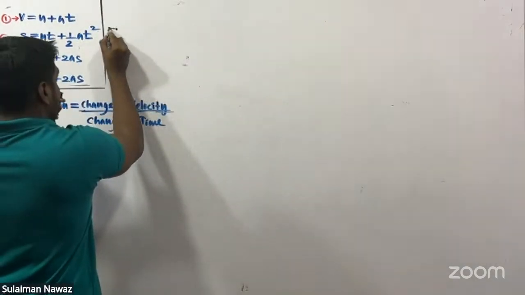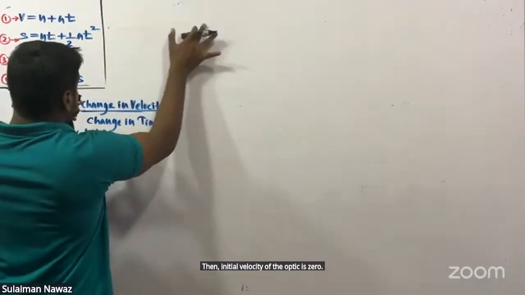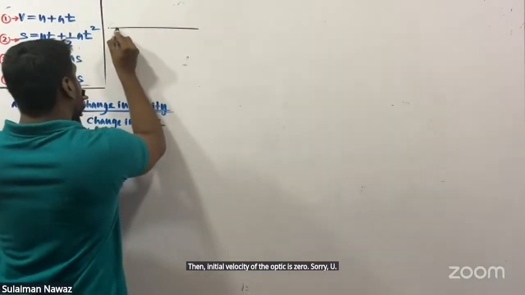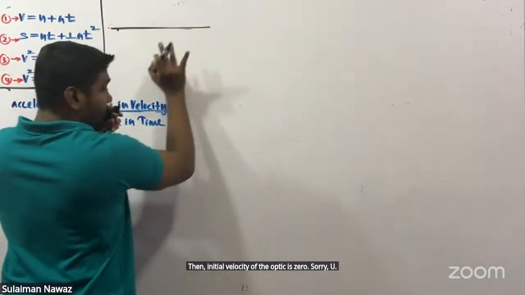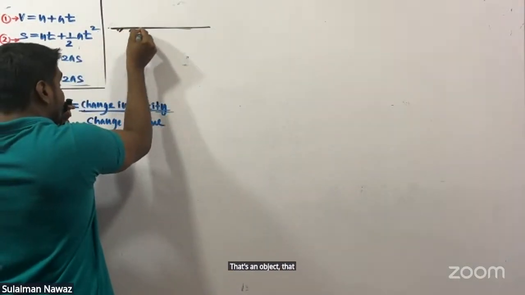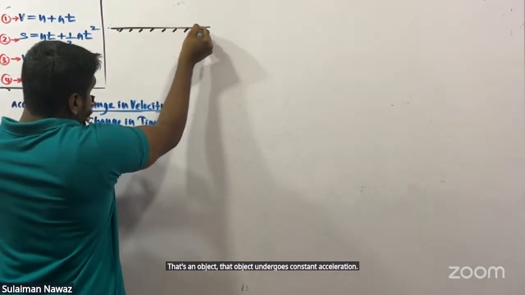The initial velocity of the object is U. That object undergoes constant acceleration.